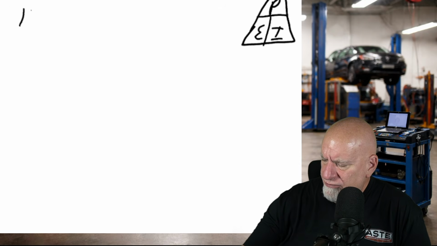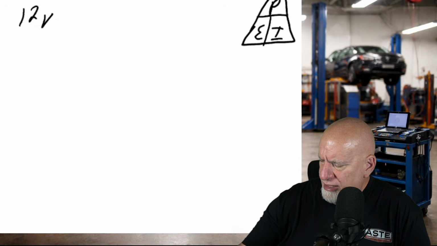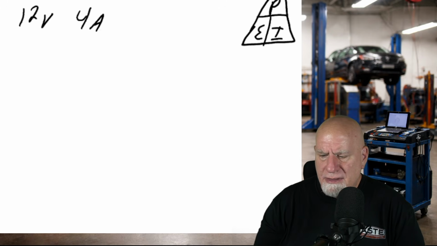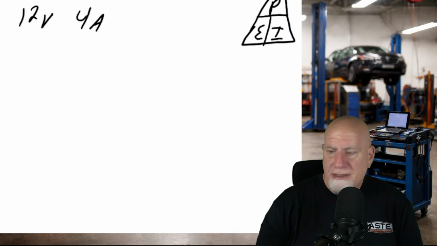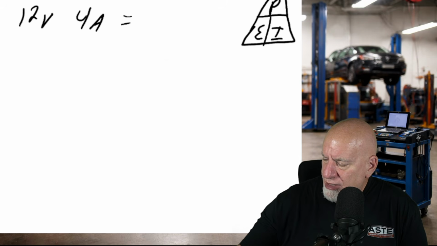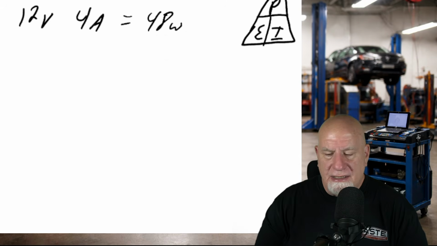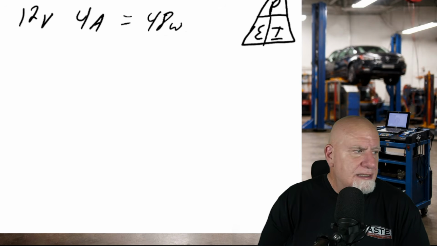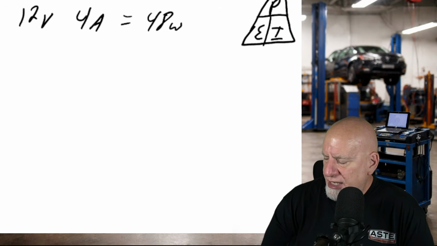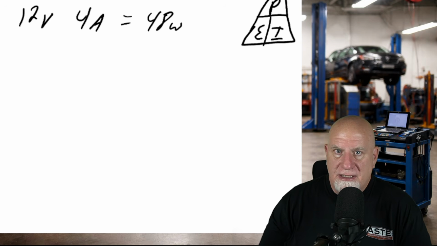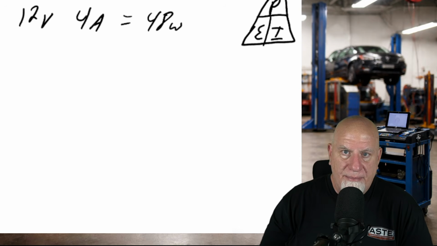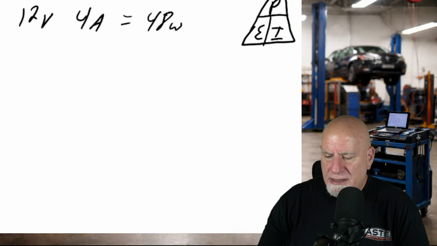So again, we're going to give our baseline of 12 volts, and we've got 4 amps in that circuit. So if we've got 12 volts and 4 amps, then we should have 48 watts of power being used in that circuit. Now let's see how, as we change things, that changes the wattage being used, the power consumption in this circuit.